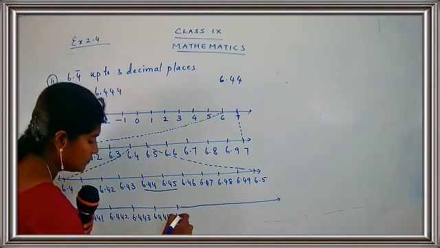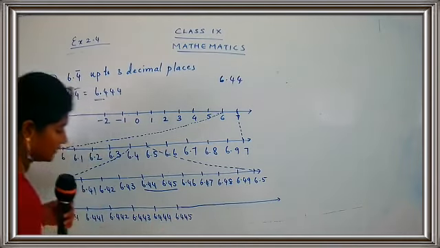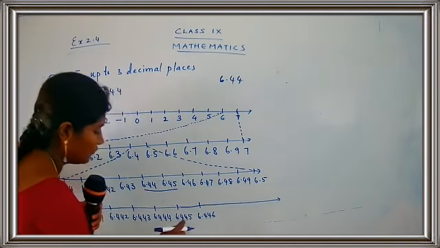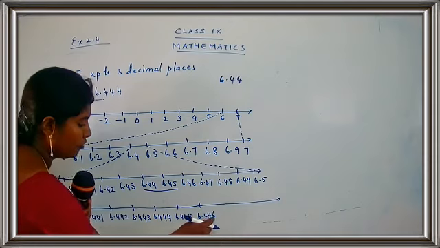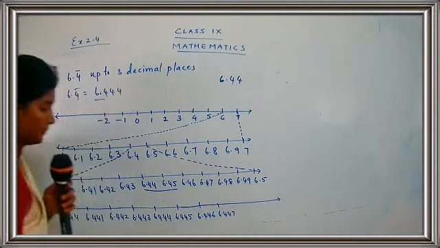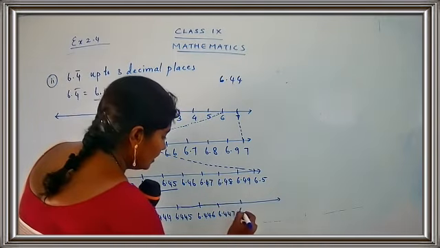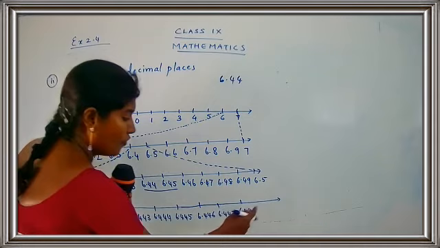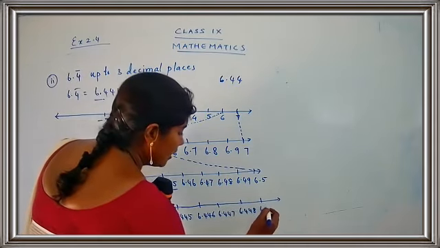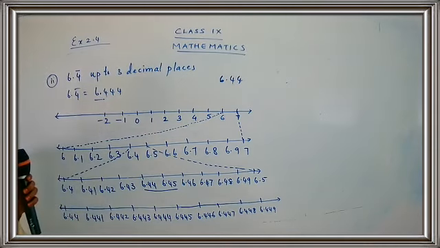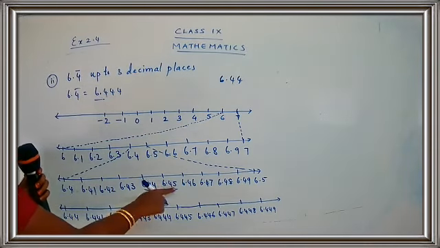Next. 6.445. 6.446. 445. 446. 6.447. 6.448. 447. 448. 6.449. Last number is 6.45.